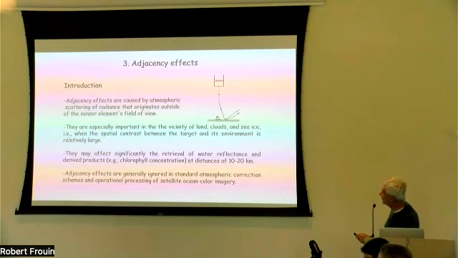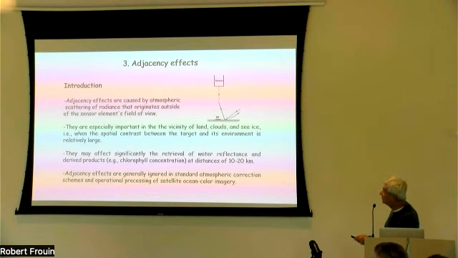So you have the target here and you have the background, and photons may be scattered by the atmosphere, reflected by the surface, and diffusely reflected to the sensor, right? And of course, we are interested in this signal here.